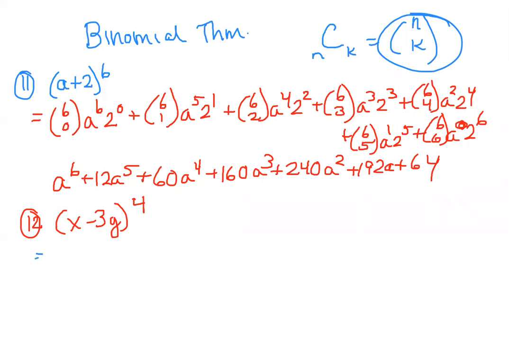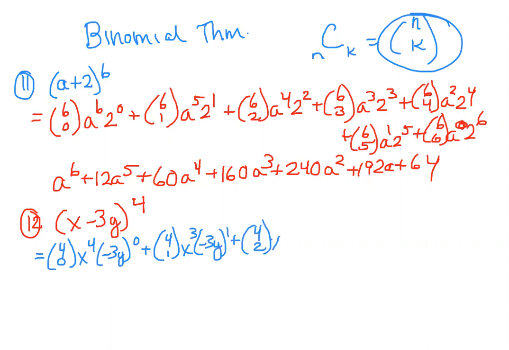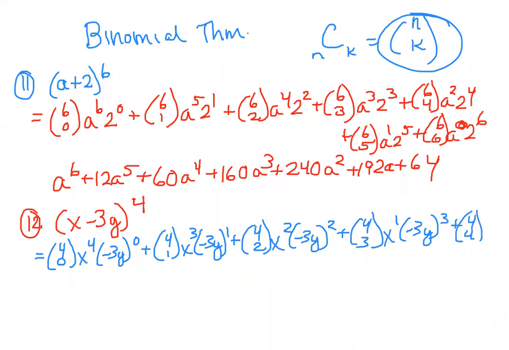So this is going to be 4 choose 0 x to the 4th (negative 3y) to the 0 plus 4 choose 1 x cubed (negative 3y) to the 1 plus 4 choose 2 x squared (negative 3y) squared plus 4 choose 3 x to the 1 (negative 3y) cubed plus 4 choose 4 x to the 0 (negative 3y) to the 4th.